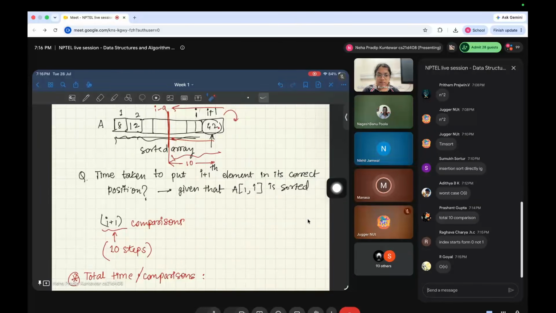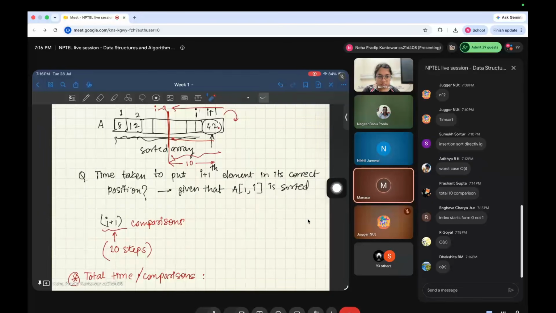Ma'am, we need to sum each and every element placing. For example, if the element is 8, it requires 1 second. If the element is 2, it requires 2, 2 plus 1, 3. Similarly, we want to sum every element insertion.